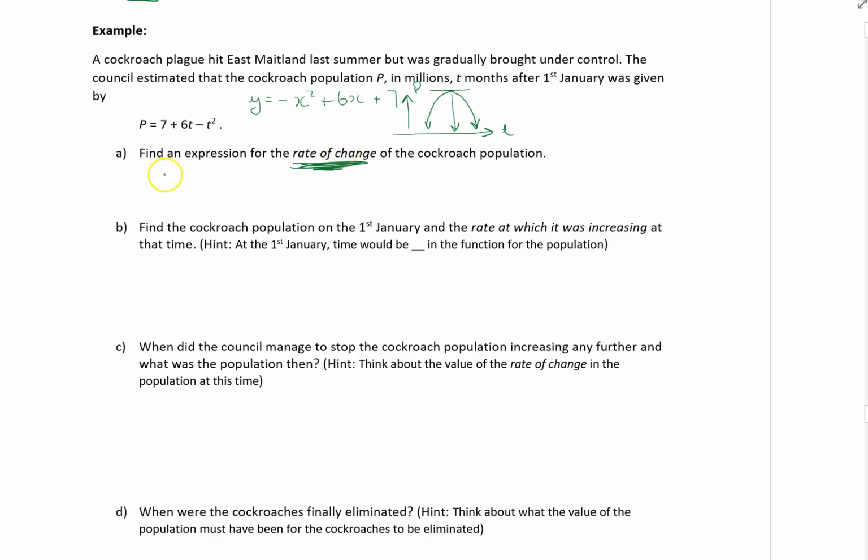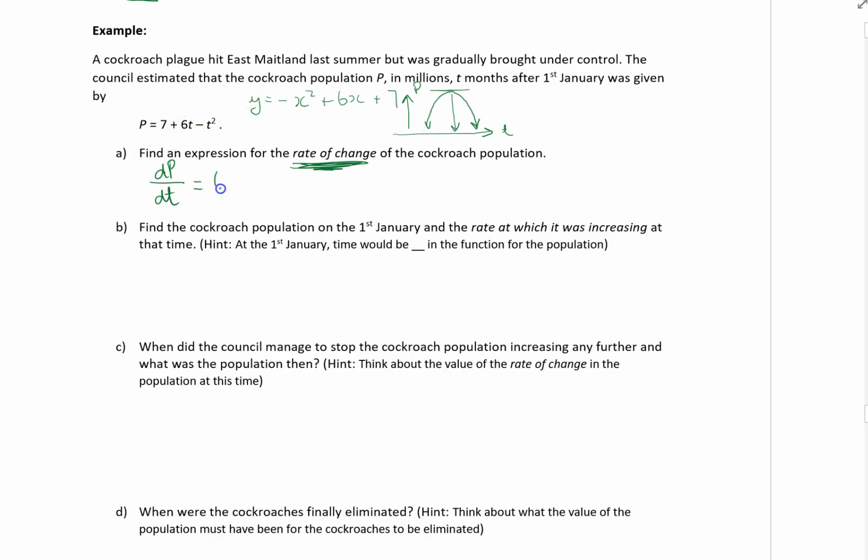So we want dp dt, the rate of change of the population with respect to time. Now, if you say these things to yourself as you write them, it reinforces it for you. Think it to yourself. I'm getting the rate of change of the population with respect to time.